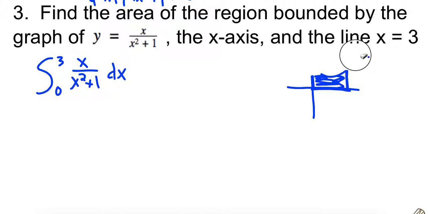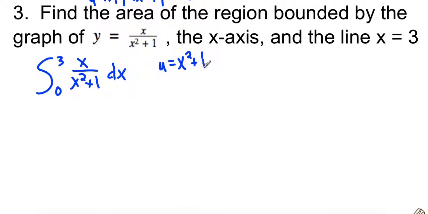All right, get this out of the way because I need the space. So hopefully you recognize we've got a little function within a function here. I'm going to let u be x squared plus 1, and that will take care of this part. x squared plus 1, we're going to replace that with u. And then du is going to be 2x dx.